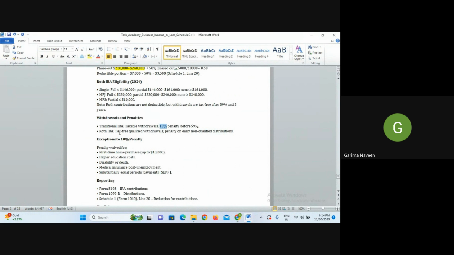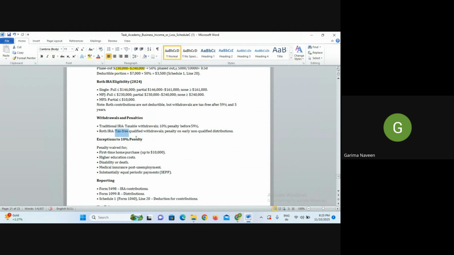Okay. But in case of Roth IRA, generally it is a tax-free distribution if you are fulfilling the criteria, that is 59 and a half years and 5 years of plan. There should be 5 years that you have been contributing to the plan. Then there is no problem.